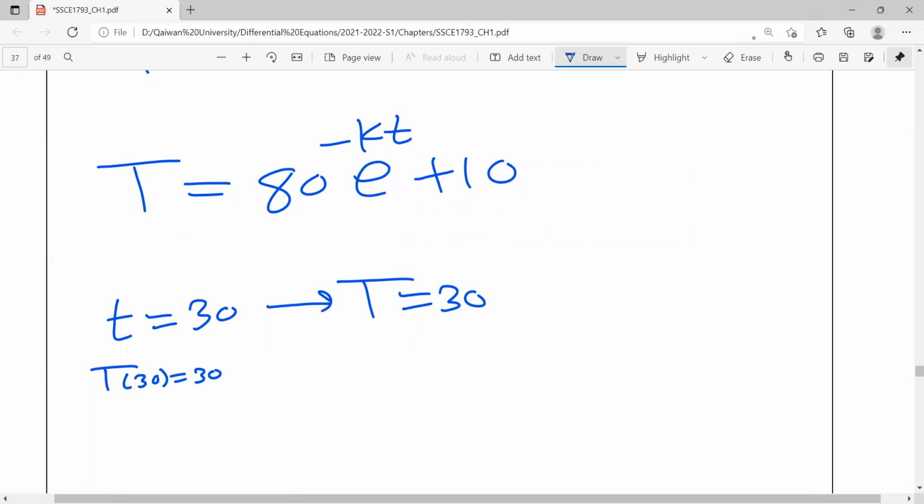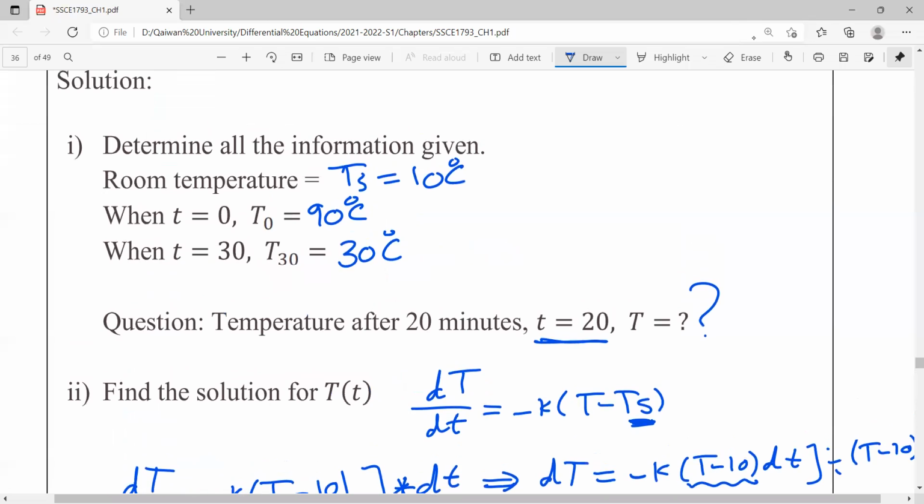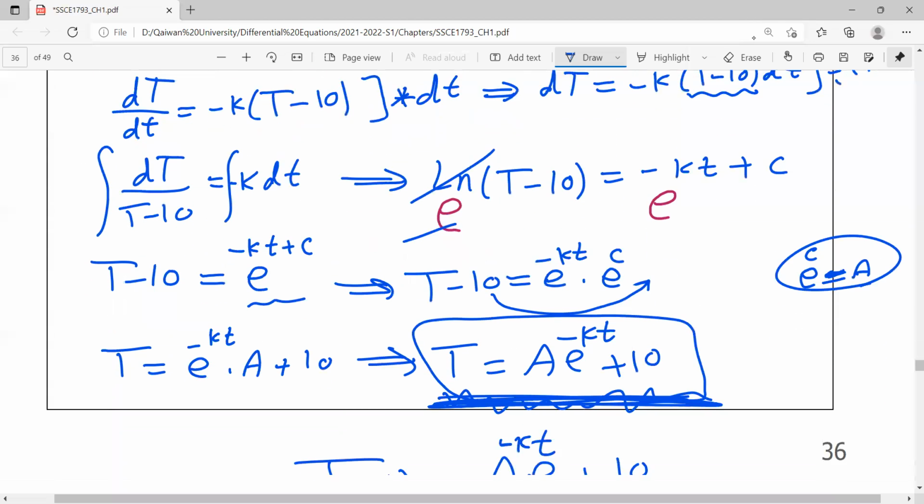That means we replace both capital T and little t by 30, as it's given here: after 30 minutes, the temperature of the object is 30 Celsius.